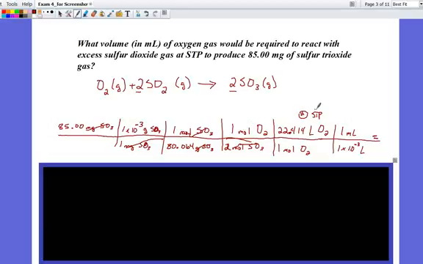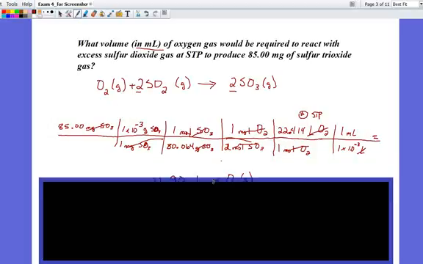And then since we're talking about at STP, 1 mole of O2 at STP should occupy a volume of 22.414 liters. Then you need to get that volume to be in milliliters. So you convert it to milliliters, and you multiply across the top and divide by the bottom.